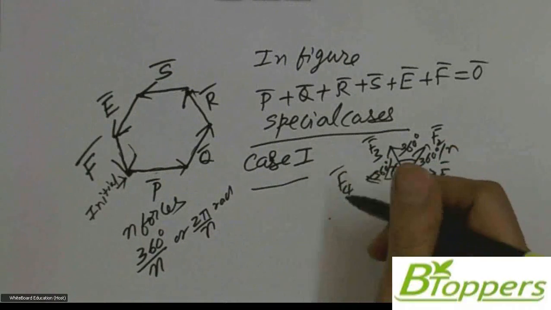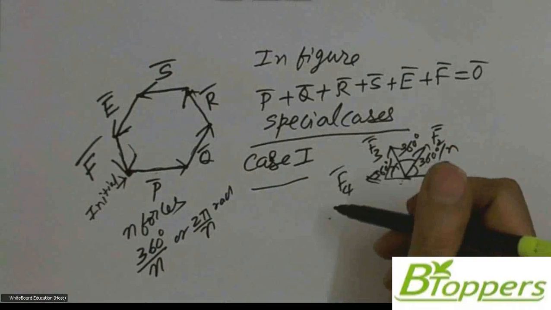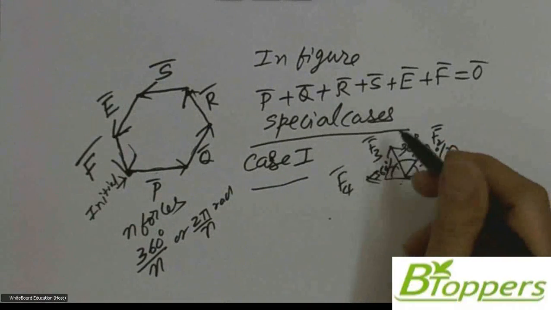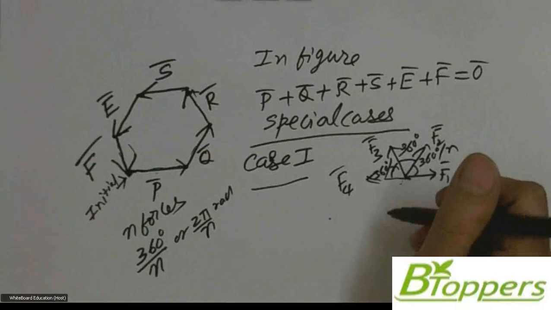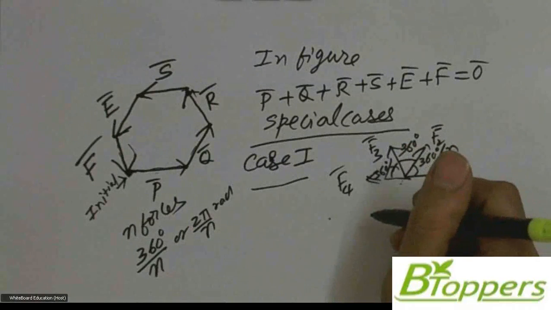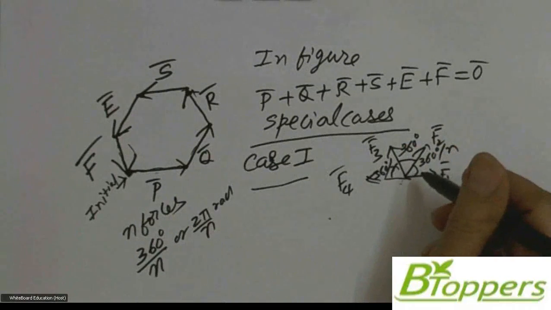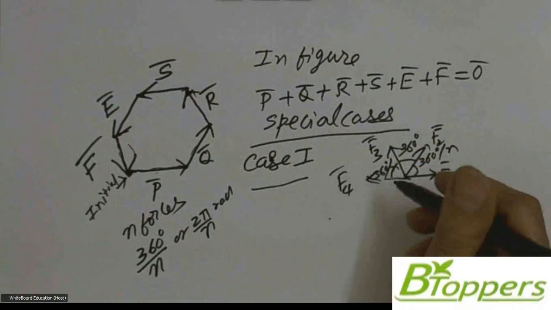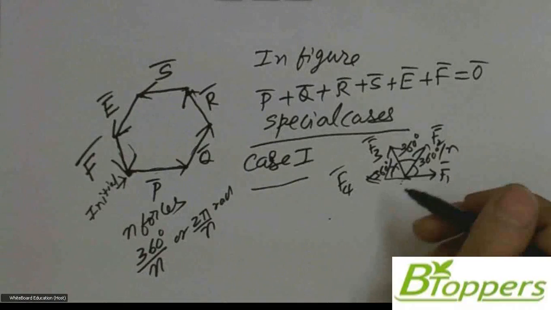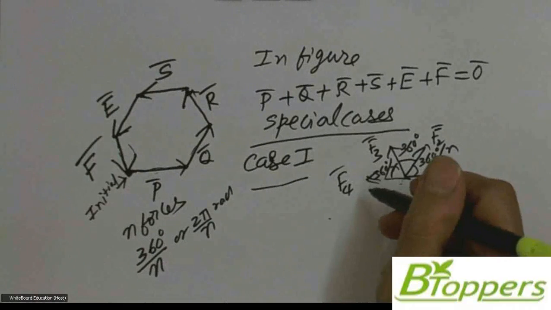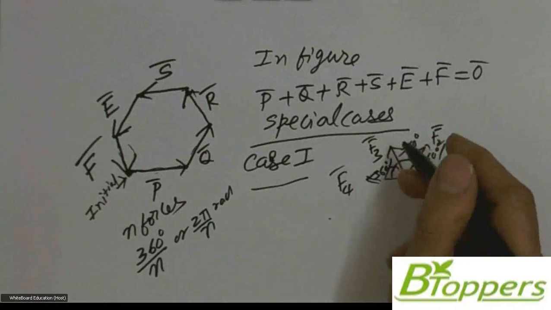Then the n forces which have the same magnitude can be graphically represented along the sides of a regular polygon of n sides, all taken in the same order. Then the magnitude of the resultant of the n forces will be 0.